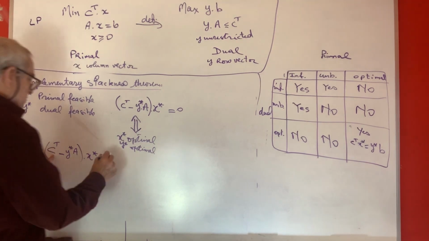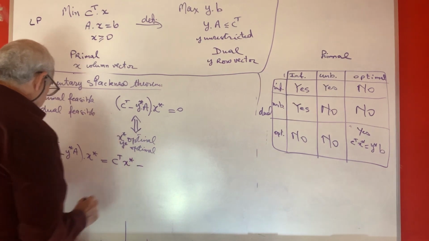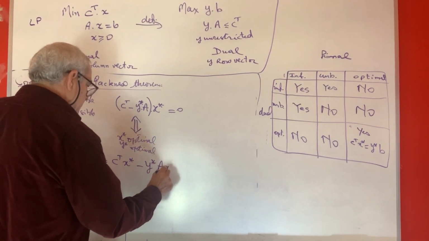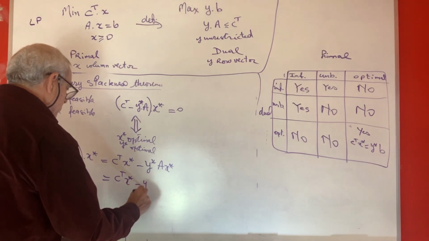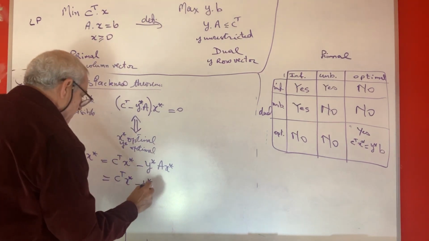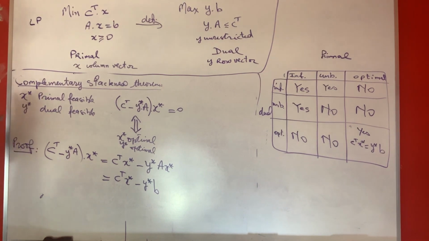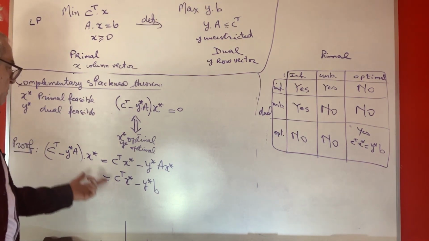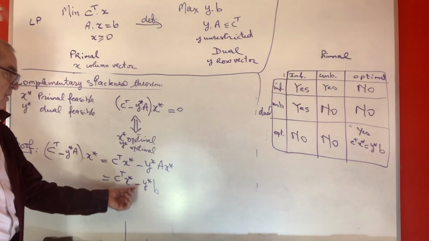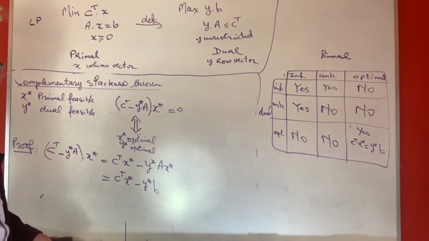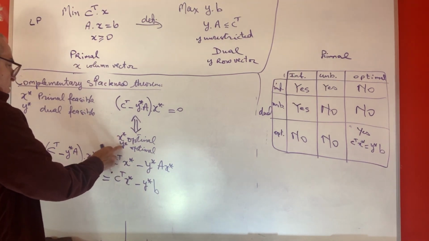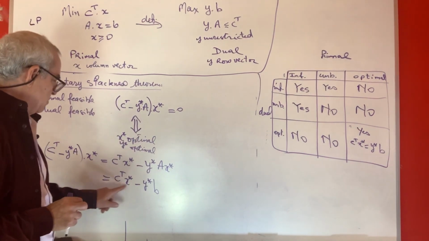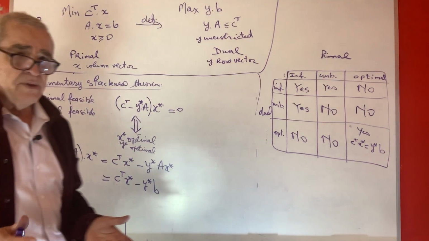That's equal to C transpose X star minus Y star A X star, which is equal to C transpose X star minus Y star B, because A X star is equal to B. So what this says is that if X star and Y star are feasible and this is equal to 0 and the objective functions are equal, then they are optimal. We just saw it in the corollary to the weak duality theorem. And then when we proved the strong duality theorem, we said when both of them are optimal, the objective functions are equal. And if the objective functions are equal, this is 0, and that implies this. So that's why I said the proof is so trivial.